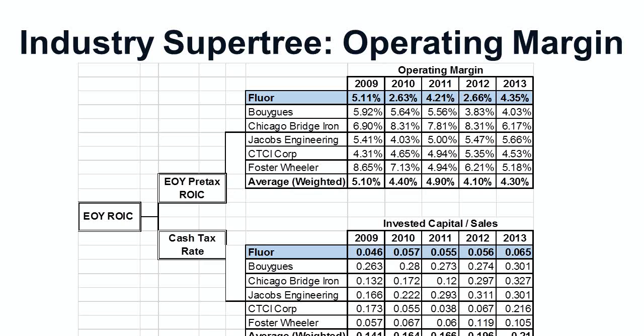But the year-to-year trends weren't reflected in the pre-tax ROIC. So for instance, in 2013, Fluor saw their productivity decrease, yet their pre-tax ROIC increased due to an increasing operating margin, which had a higher weight on the pre-tax ROIC.